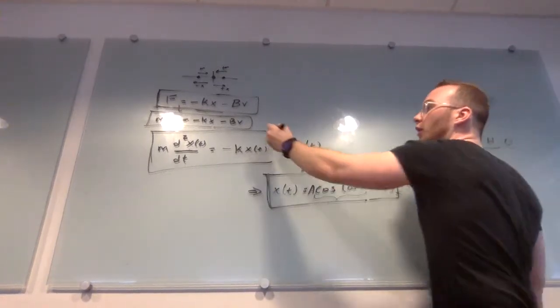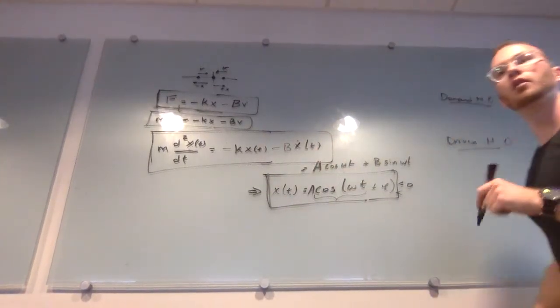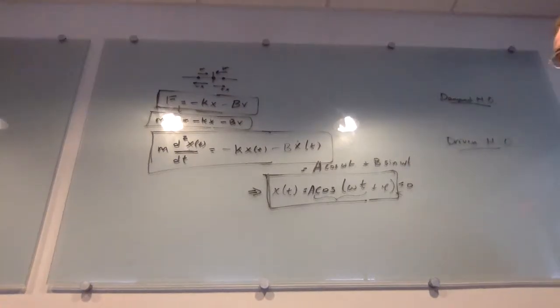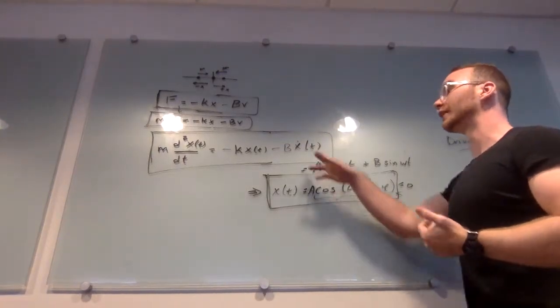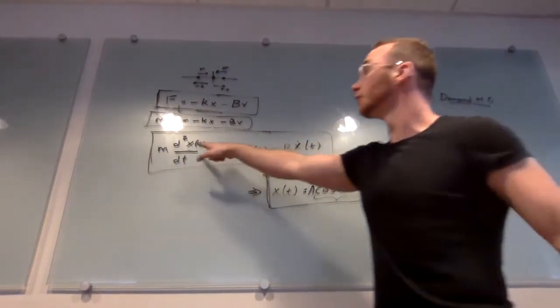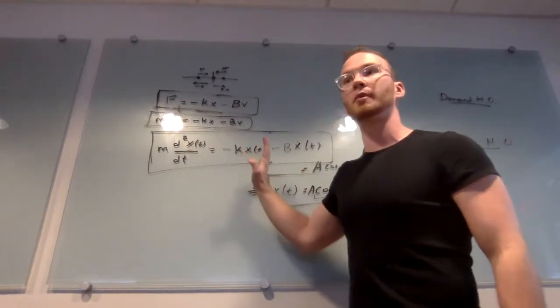Remember, there are names for the different types of differential equations, at least the ones that are solvable. This is called a linear differential equation because no derivative is raised to any power.